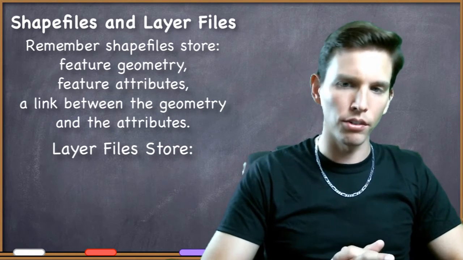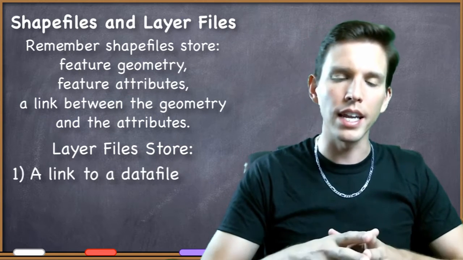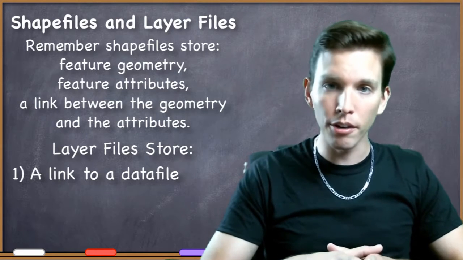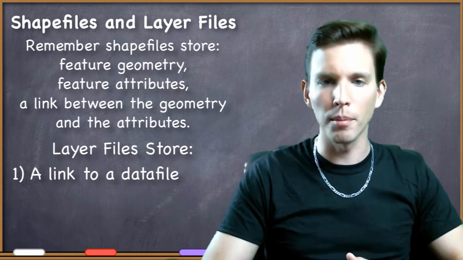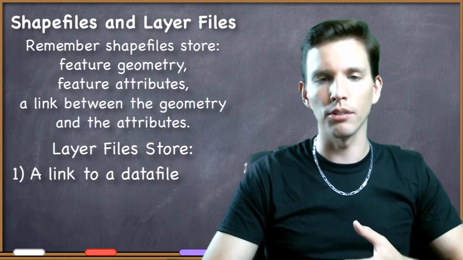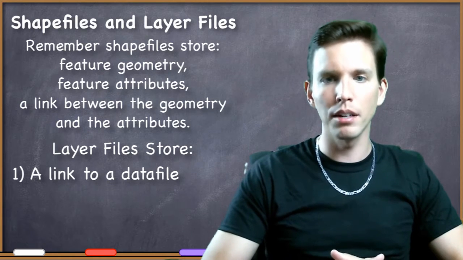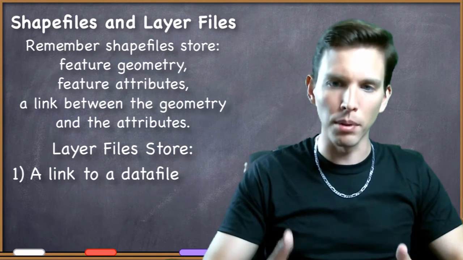And the first thing it stores is a link to a shapefile. They store a link to the shapefile because layer files do not store any geometry and they do not store any attribute information. That's what the shapefile is there for. They have to, in a manner of speaking, pull that information from the shapefile that it is being linked to.